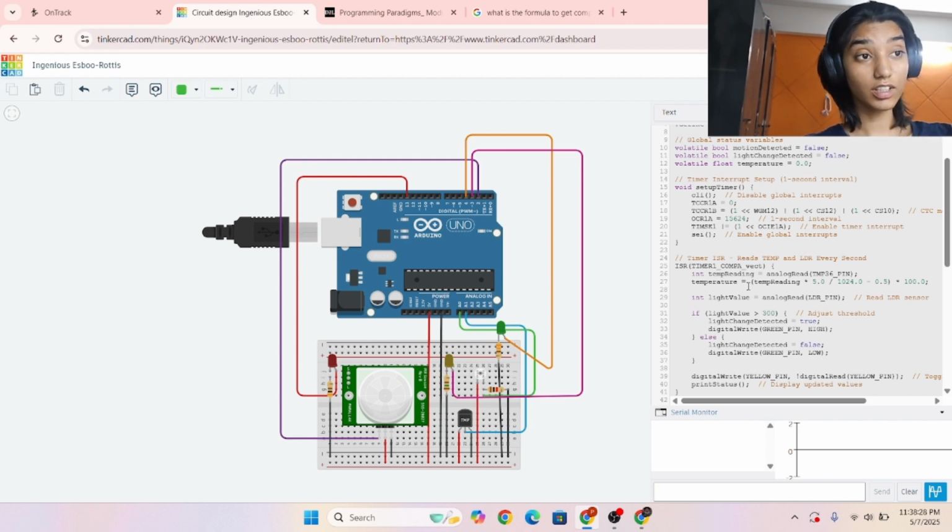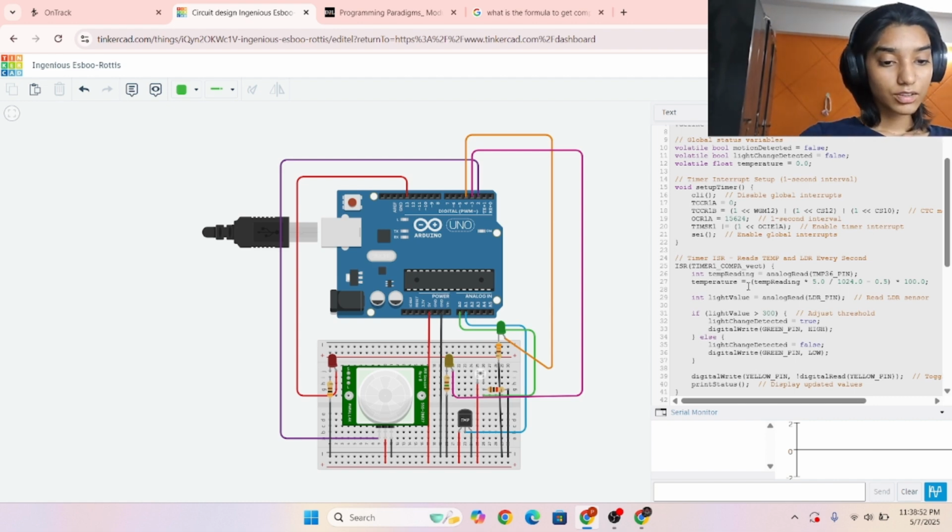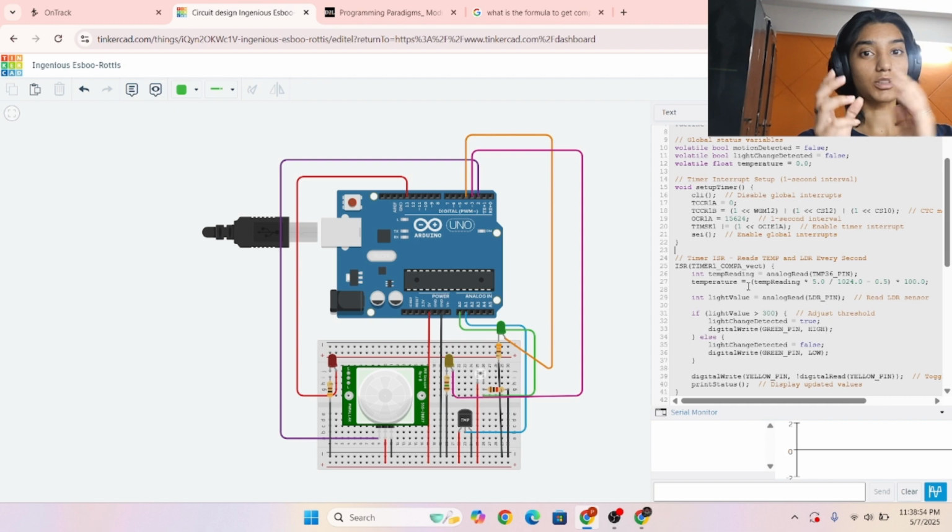In the case of the Arduino we have around 16 million. It's a big number, and to divide it into much smaller chunks, we use the prescaler value.